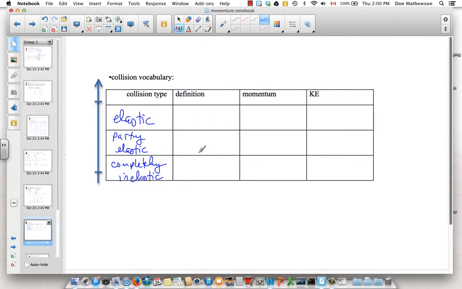Now, we'll define those in a minute by showing you a short video, but later on, after the definition, we're going to relate the type of collision to a parameter known as the coefficient of restitution. So this, it turns out, will be a coefficient of restitution of 0. This will be a coefficient of restitution of 1.